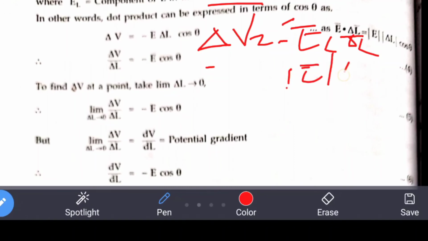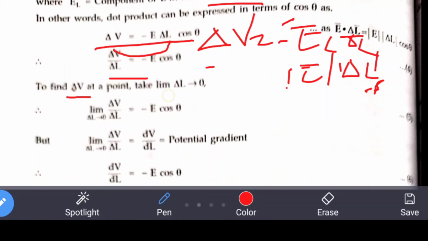Therefore delta V equals minus E delta L cos theta, and delta V by delta L equals minus E cos theta.